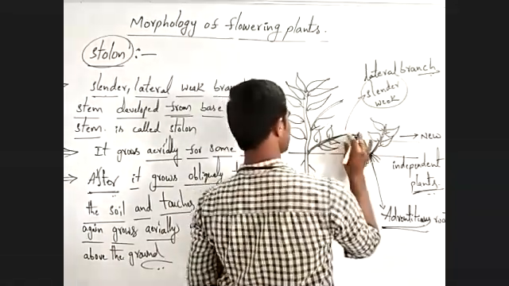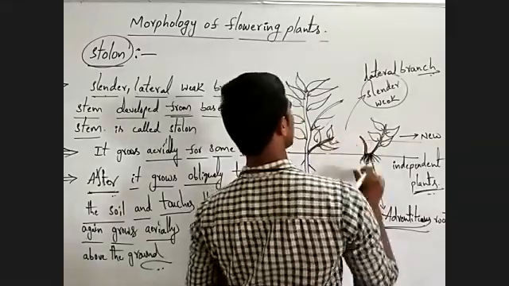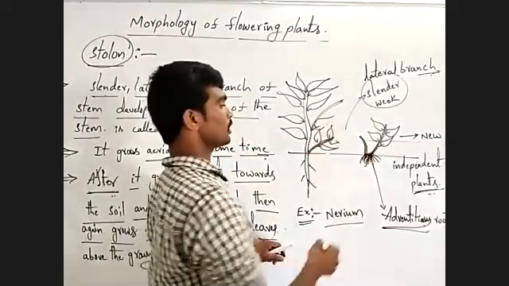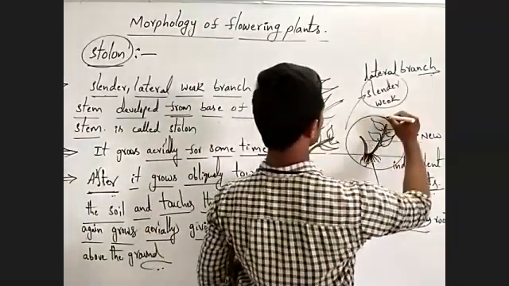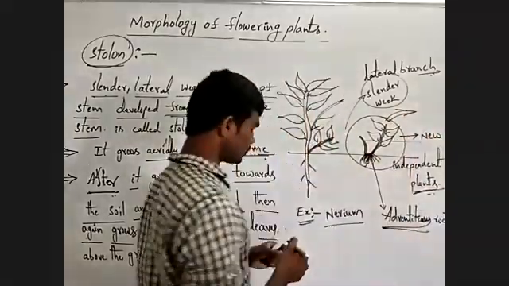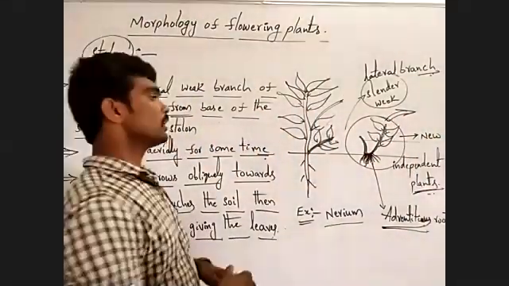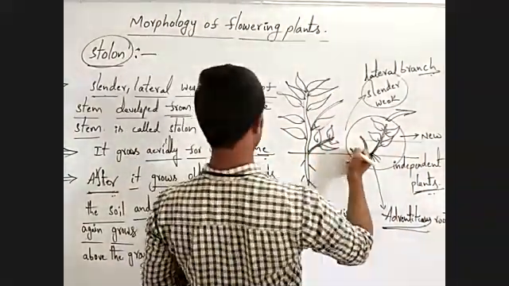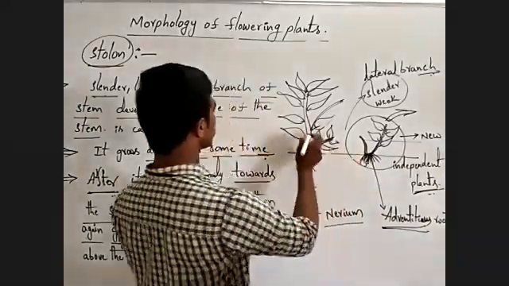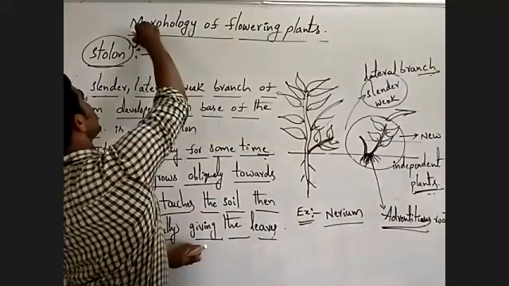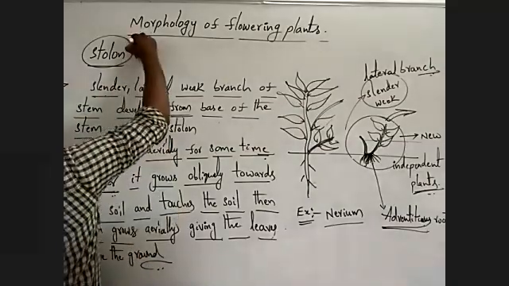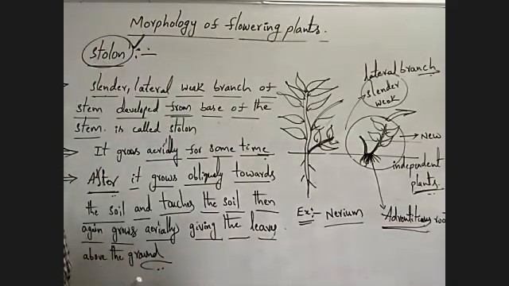Whenever this connection of stolon is broken down because of accidental activities, what will happen? This small plant can grow as an individual plant, or an independent plant. Means vegetative reproduction is carried out by stolon, or vegetative reproduction occurs because of the stolon. Okay.